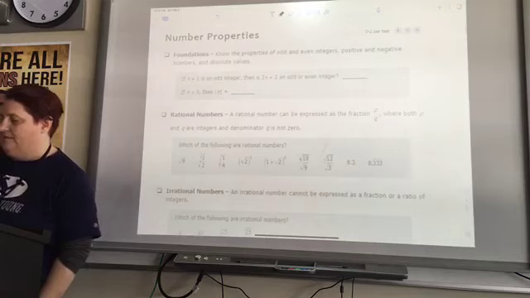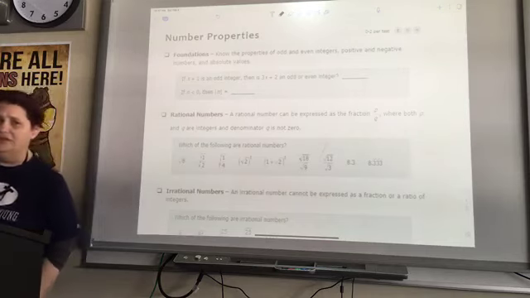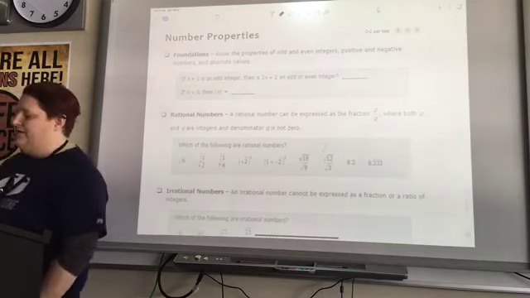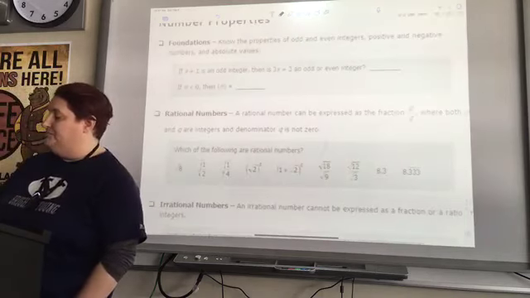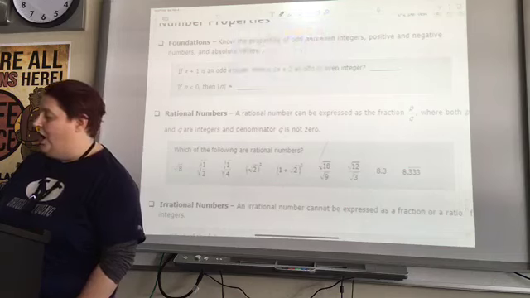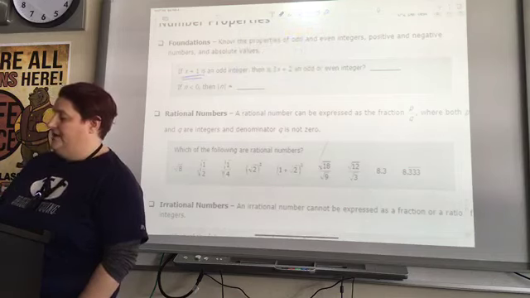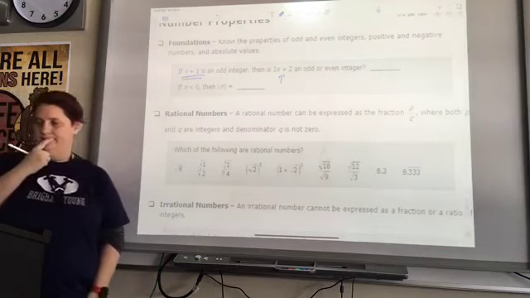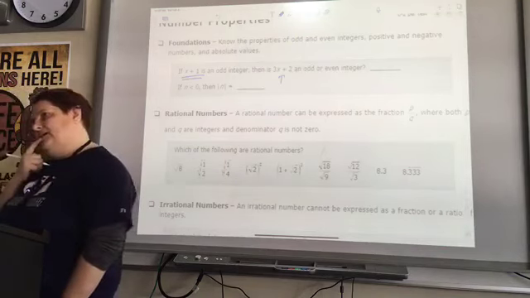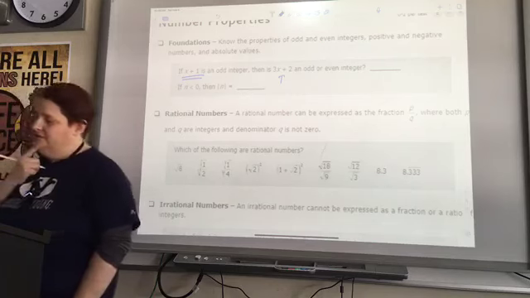Let's talk about number properties. We kind of just are looking at the properties of odd and even integers, positive and negative, absolute value. What do you guys think? If x plus 1 is an odd integer, is 3x plus 2 odd or even? Even?